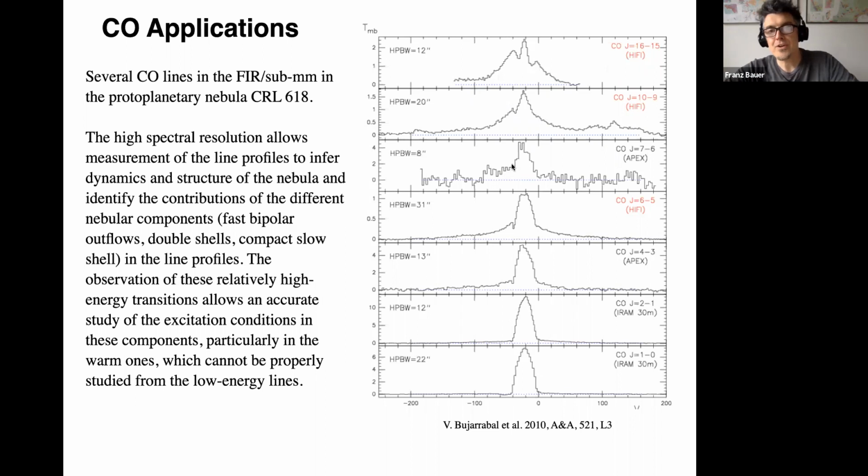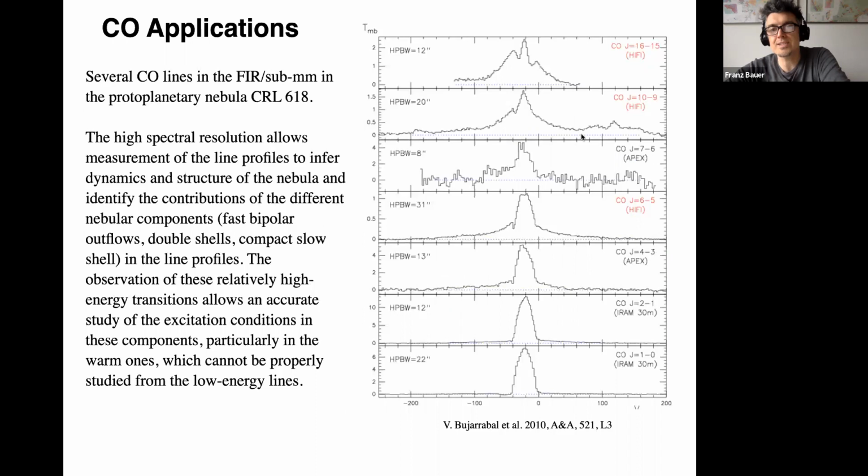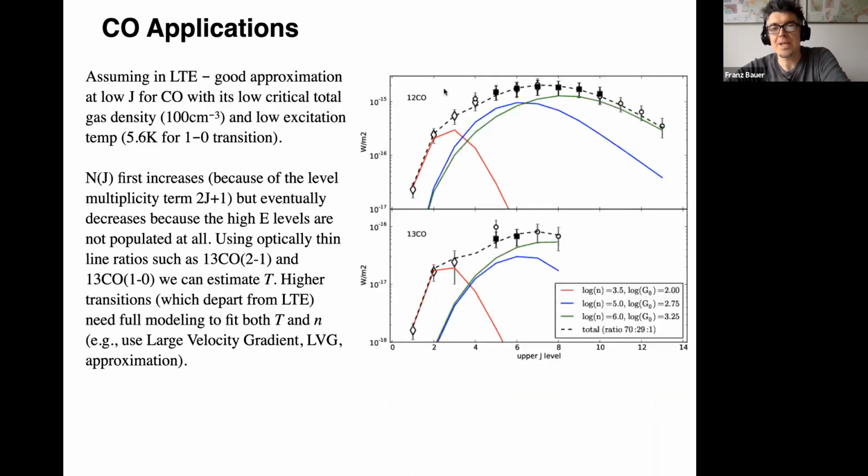And you can see that there are some complications here where you have clumps, maybe in the line of sight, or maybe multiple components, which are leading to this velocity structure. This is looking at the different J values and the flux of 12CO and 13CO. Generally speaking, you could measure the total emission strength here and then plot it.